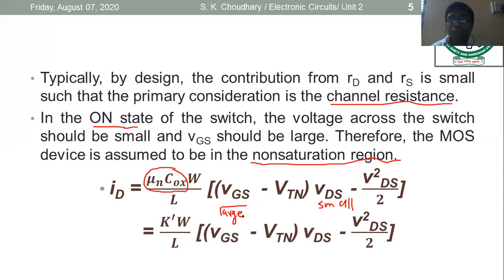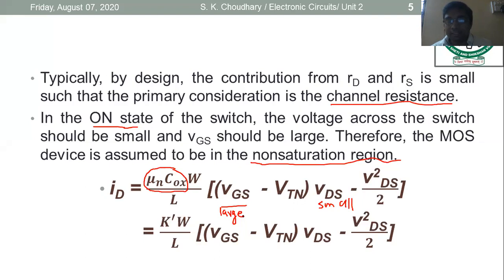If you want to bias your transistor more in the non-saturation region, or keep it in a comfortable position where it works as a closed switch, that is called the deep linear region.